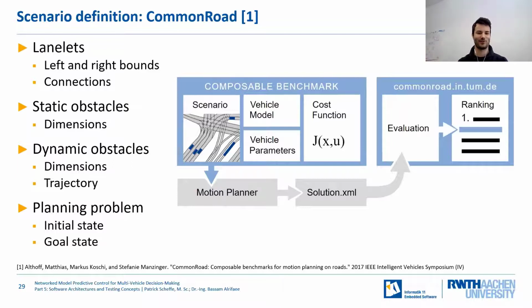Can I go from one street part to the other? Stuff like that. And then you can have static and dynamic obstacles. And of course you need to have a certain objective that you want to reach with your trajectory planner. So you have the initial state of your controlled vehicle, and you have a goal state that you want to reach.